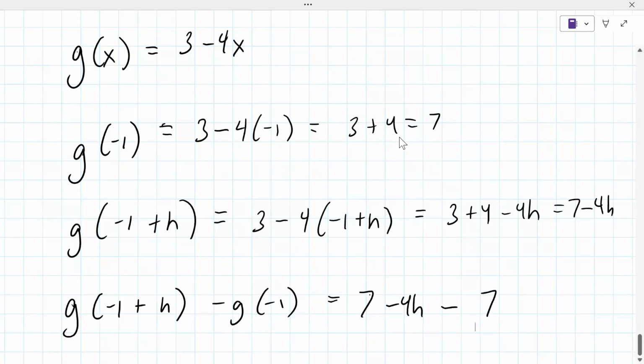Oh no, I put -1. Okay, so the g of -1, that is 7. This becomes just minus 4h. Oh, okay. Got it.